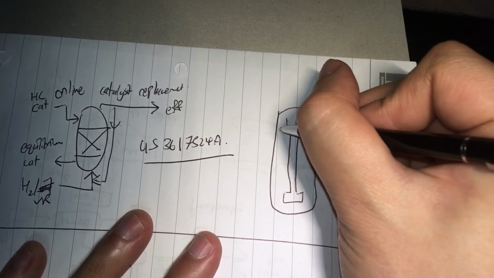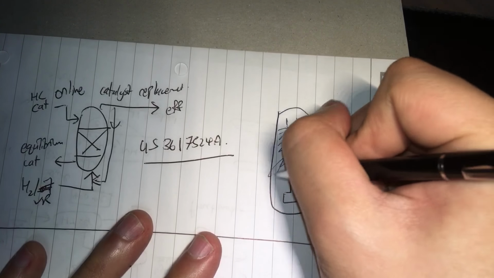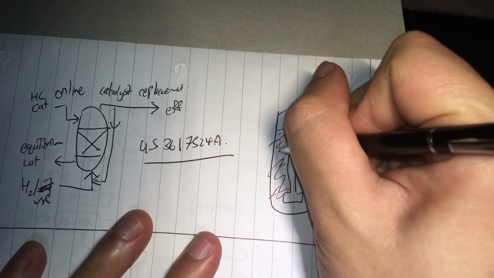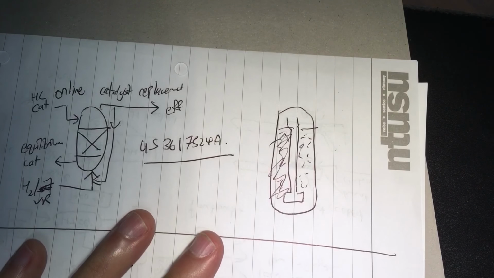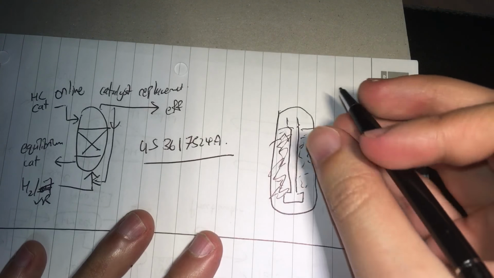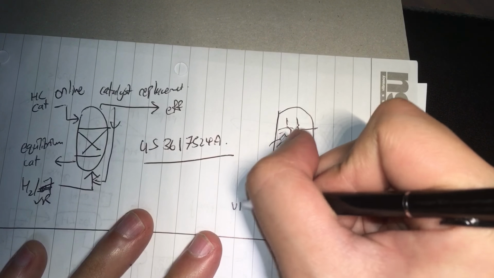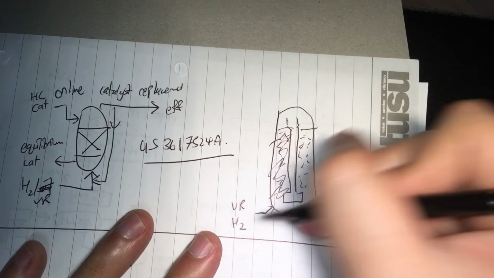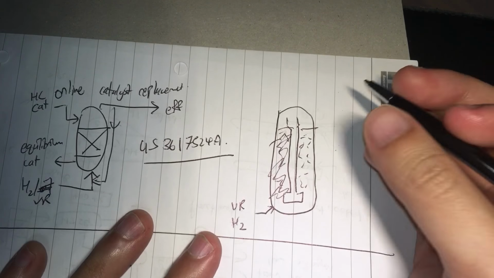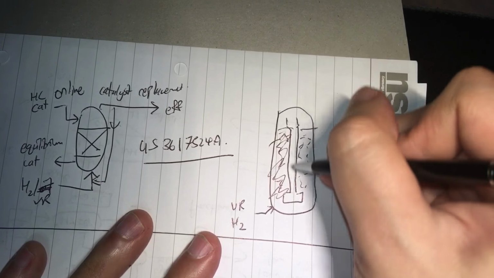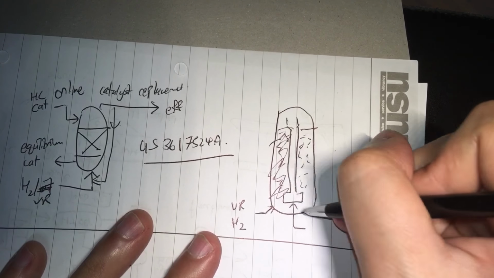And let's say you have all your packed beds over here, or your ebullated beds, which is a bubbling bed. It's a fancy word for a bubbling bed. Okay, so feed oil and hydrogen, which is the vacuum residue and hydrogen, is pumped through the bottom. And this whole thing here is a recycle pump.